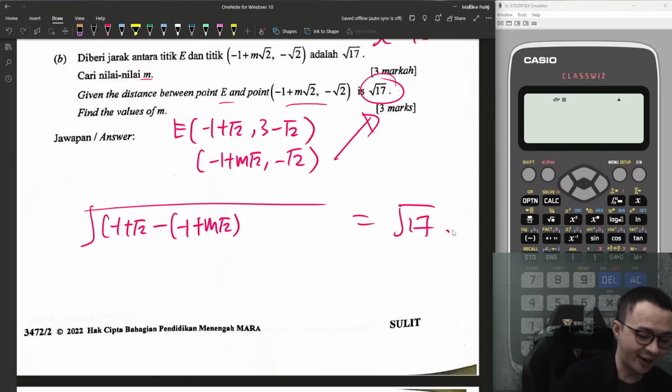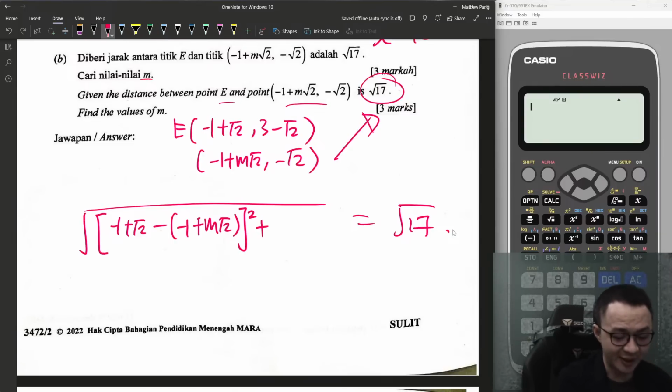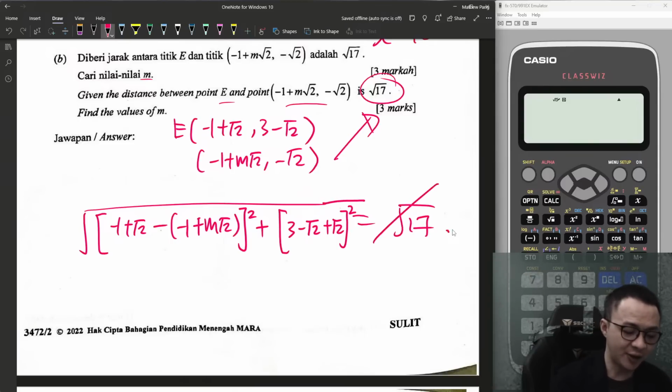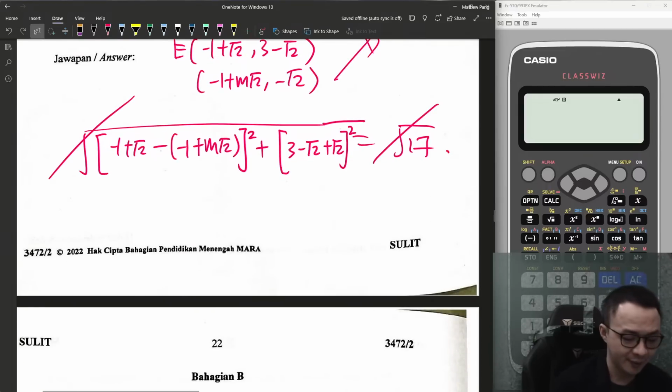A lot of brackets, man. Big bracket, square, plus same thing, a lot of brackets here. Oh, this one's still okay, never mind. 3 minus square root 2 minus negative square root 2, right? So plus square root 2 square. Okay, square root and square I cancel out. This one minus 1 plus 1, so I cancel out.